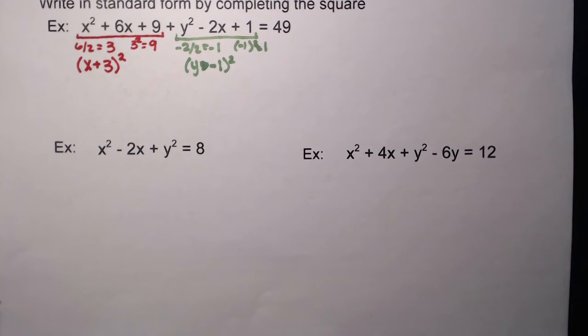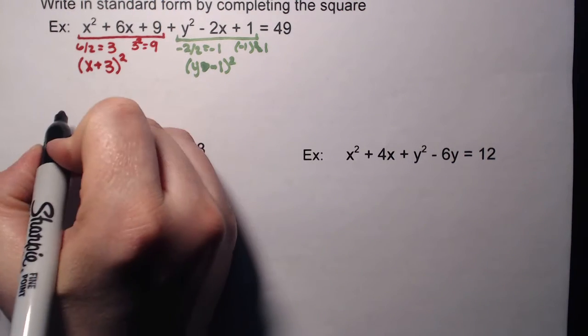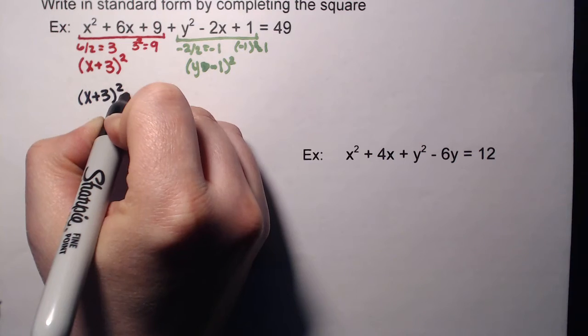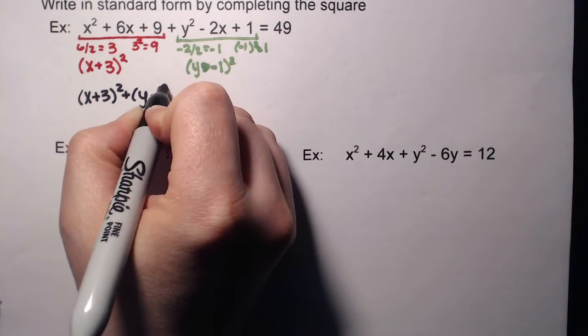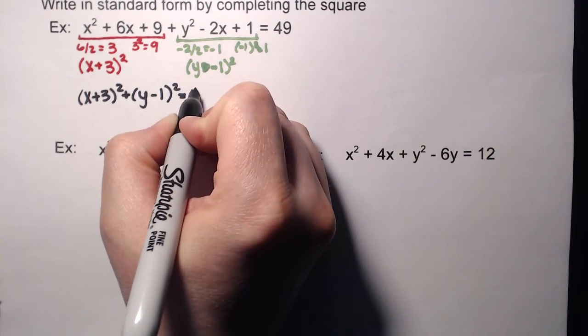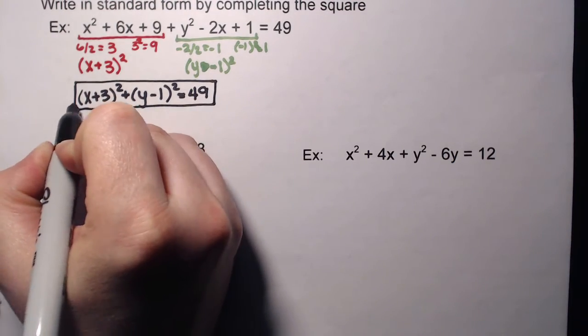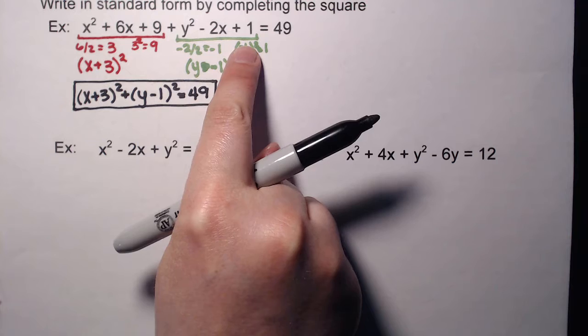So then to rewrite this entire equation in standard form so I can see what the center of the circle is: x plus 3 squared plus y minus 1 squared equals 49. Now this one was a little easier because it was kind of already grouped together.